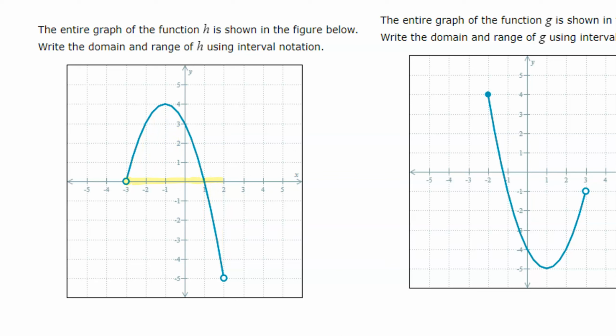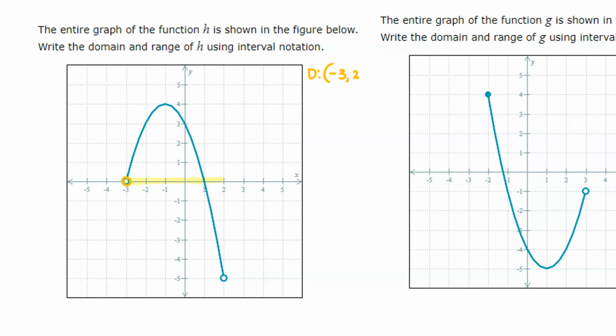Okay, so now let's write that out. Now this -3 as my x, that point was not included. So domain is going from -3 to +2. Now -3 is not included because that point on the graph was not included.